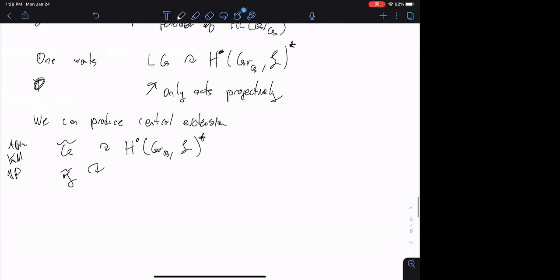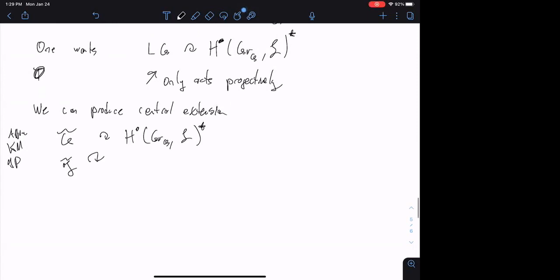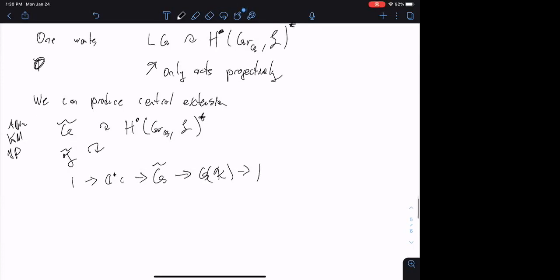One more thing that I want to mention here is that once we've passed to central extensions, that introduces a new parameter called the level. So if I have a central extension that looks roughly like this, C star times C, forgetting the derivation, but I'm just going to continue doing that. If I present this as a central extension, then for L inside the Picard group of the affine Grassmannian, I can pull L back from the affine Grassmannian to the loop group, and then pull it back to the Kac-Moody group, and restrict it to the central extension. And this central extension will act on this line bundle via a character.